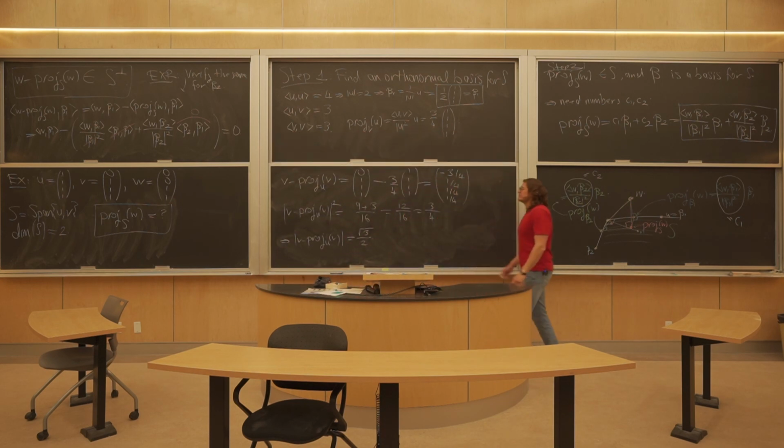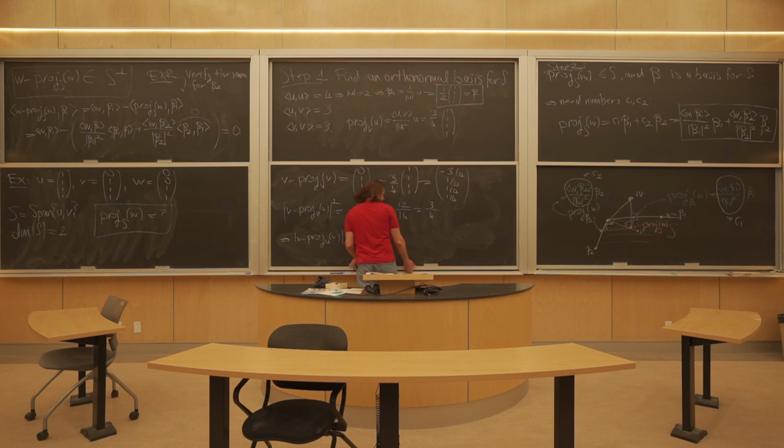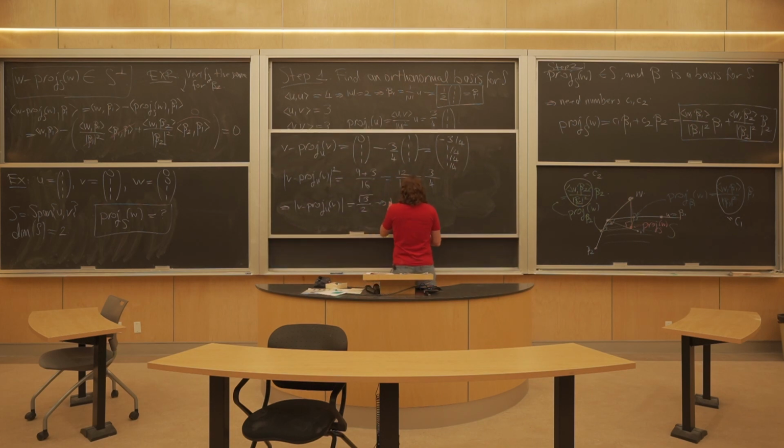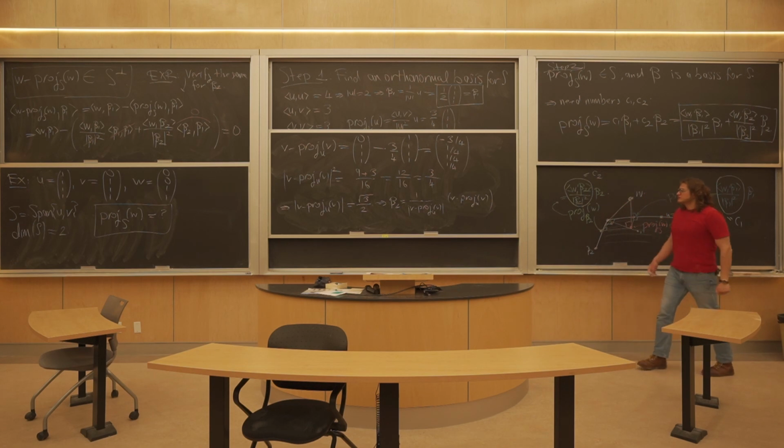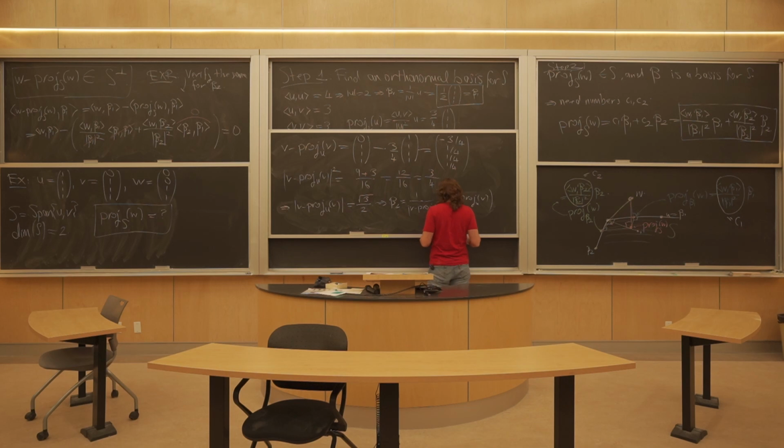And so now my second basis vector is going to be this guy normalized. Beta 2 equals 1 over the norm of v minus proj sub u of v, multiplied by this vector. Of course, when you're doing these calculations, typically you don't write these down. You just go through the calculation itself, but I want to be clear as to what I'm doing, at least at this stage.